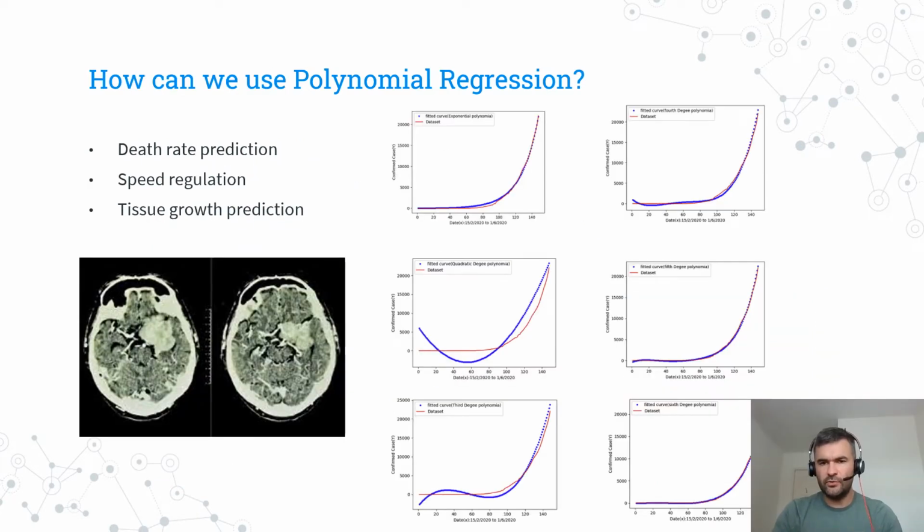So how can we use polynomial regression on real life data? What are the use cases of polynomial regression in real life? How's it being used? I've listed three. The first one is death rate prediction.